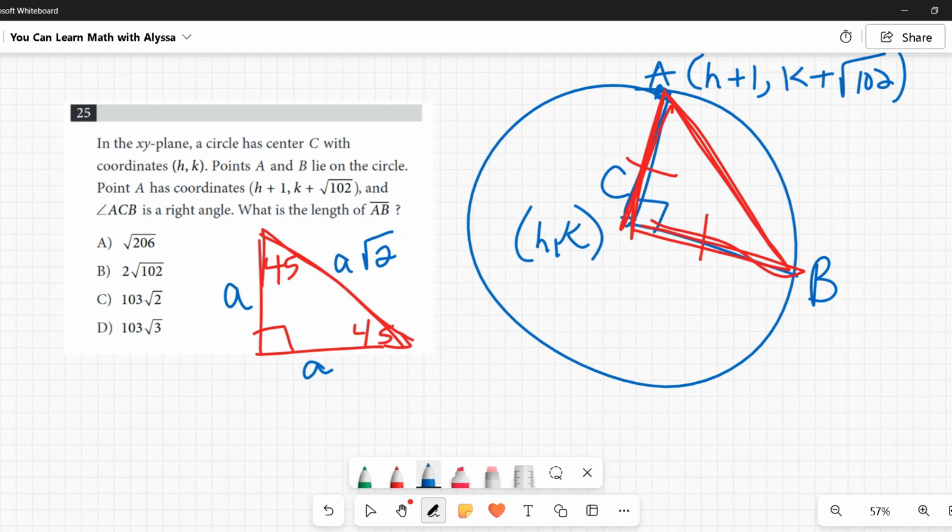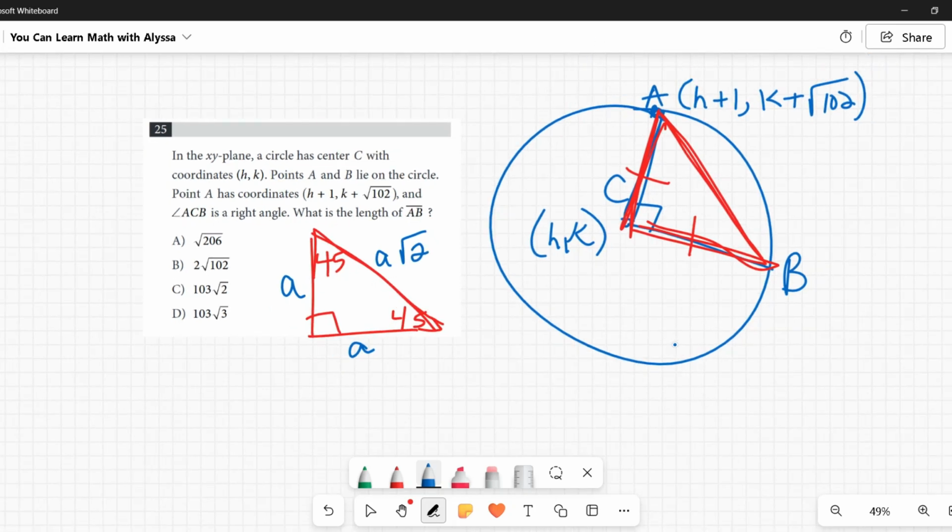Going back to our triangle inside this circle, I need to figure out this distance. How do I find the distance? We're going to use the distance formula.